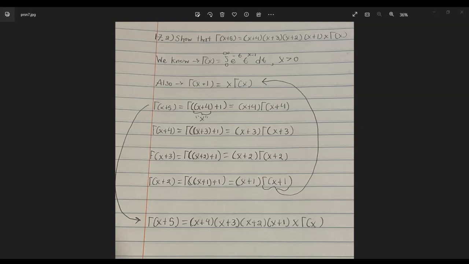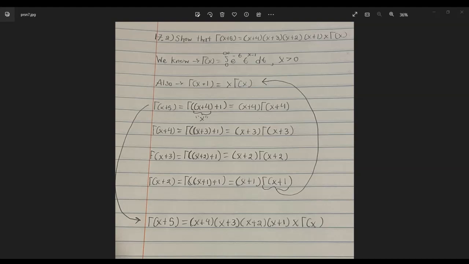We know from the notes that gamma of x is an integral from 0 to infinity of e to the negative t times t to the x minus 1 dt, where x has to be positive. And from that same equation, gamma of x plus 1 is equal to x times gamma of x.